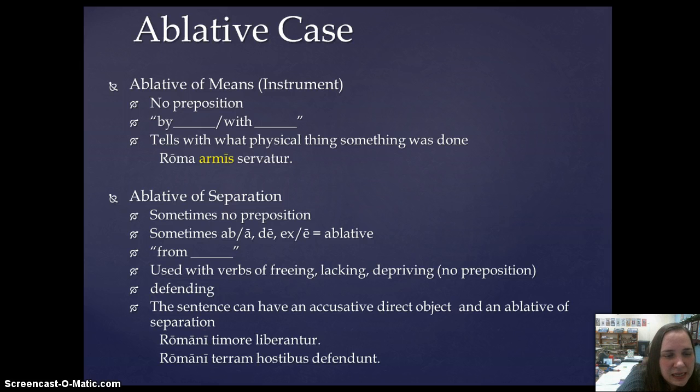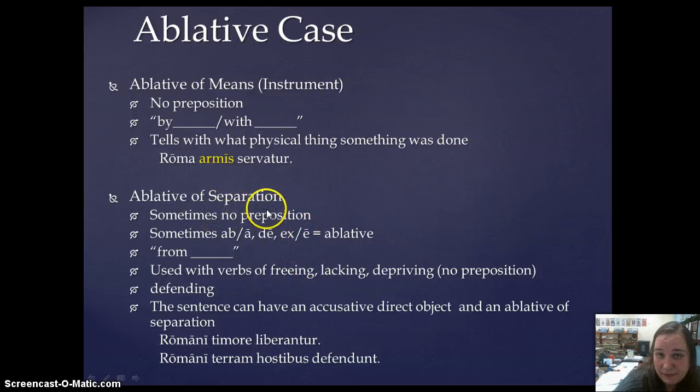The first one is the ablative of separation. Now, literally, the ablative of separation tells you from which something has been separated, okay? You use it with verbs of freeing or lacking or depriving or defending, right? This is another ablative use where sometimes you use a preposition like ab or de or ex.